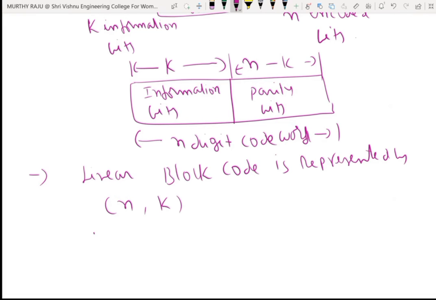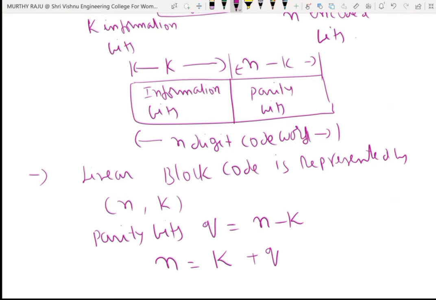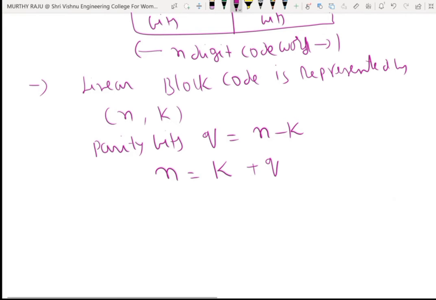The parity bits, also called redundancy bits or check bits, are represented by q, where q is equal to n minus k. The number of encoded bits is n, equal to k information bits plus q parity bits. Therefore, q is equal to n minus k. These are the parity bits.